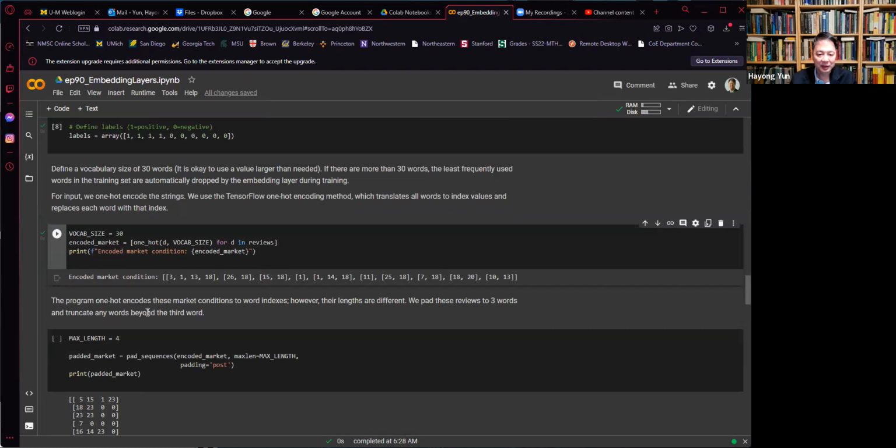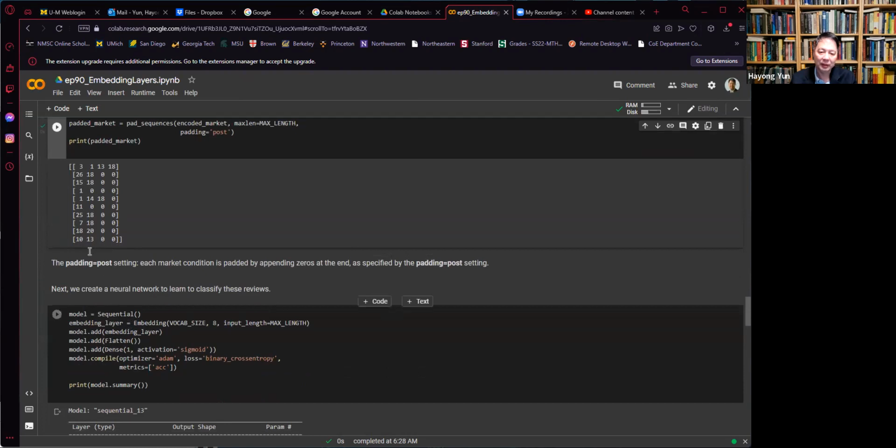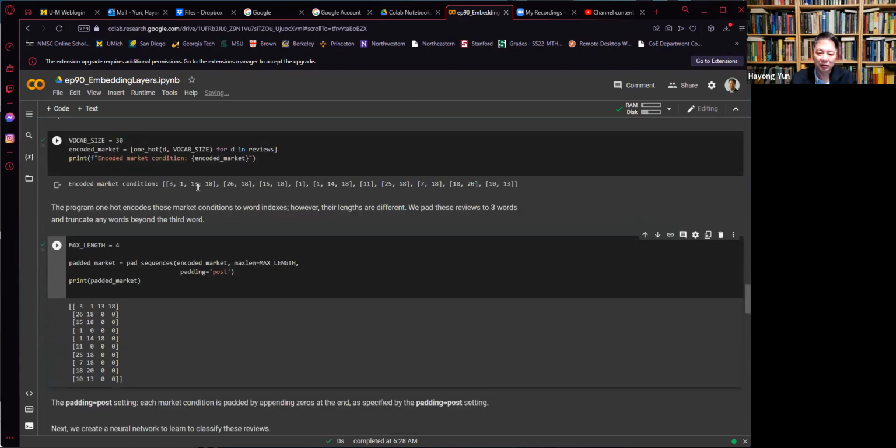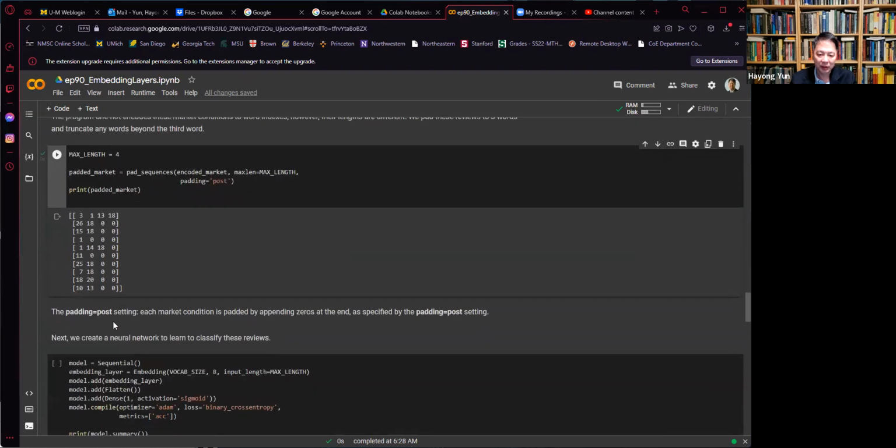And then the program will convert the pad sequences. So we pad it into this. Now we put it into the embedding layer. So we padded these 3, 1, it's here, 26, 18, and then we padded with 0. So we had all these market conditions be here.